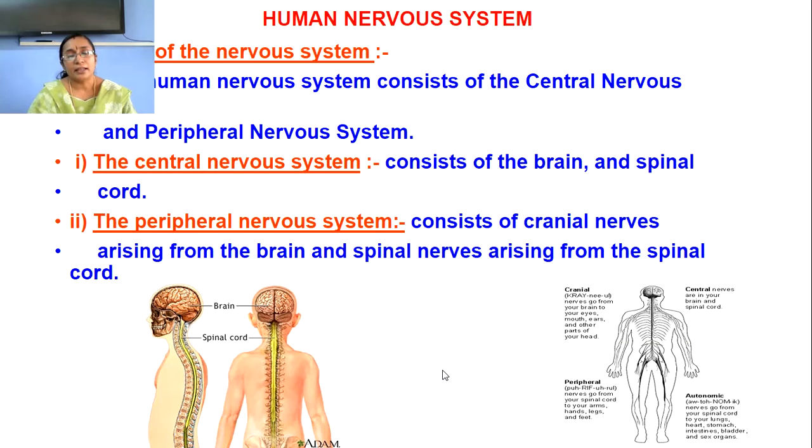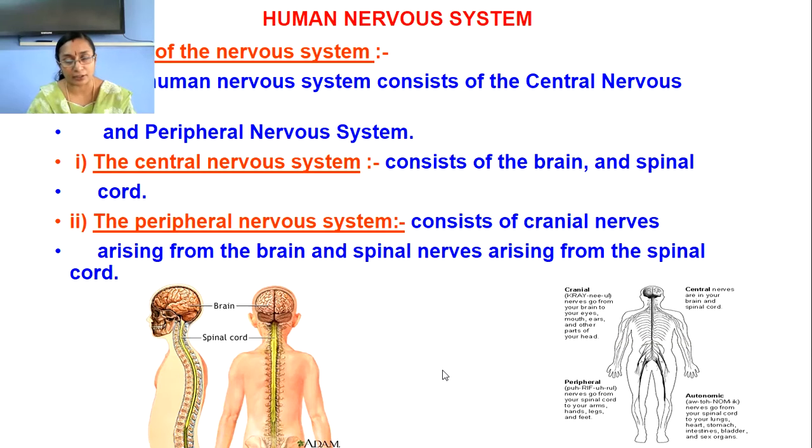Okay. Now we'll talk about our human nervous system. The human nervous system consists of two parts, that is the central nervous system and the peripheral nervous system. The central nervous system consists of the brain and the spinal cord, and this is the main center of control and coordination.